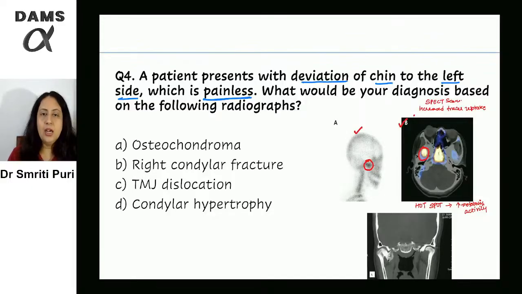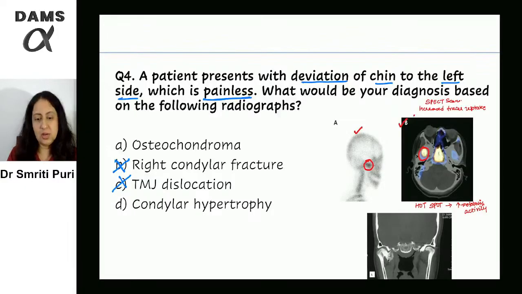Right condylar fracture. No, this cannot be the answer. For a fracture, you will have a fracture line visible, maybe a deviation, displacement, or dislocation of the condyle. It is also not TMJ dislocation, because the condyle is within the confines of the glenoid fossa.